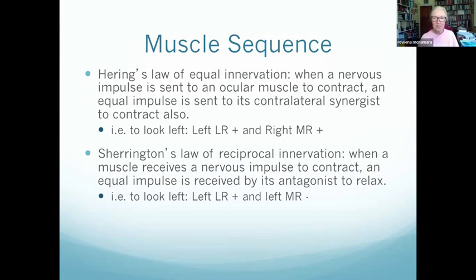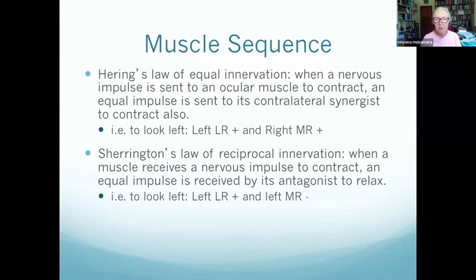And this law states that when a nervous impulse is sent to an ocular muscle to contract, an equal impulse is sent to the contralateral synergist. And these are long terms which come from a Latin language, but they are useful because you know immediately which muscle it's referring to. Contralateral means the other eye, and the synergist is the muscle that works together.